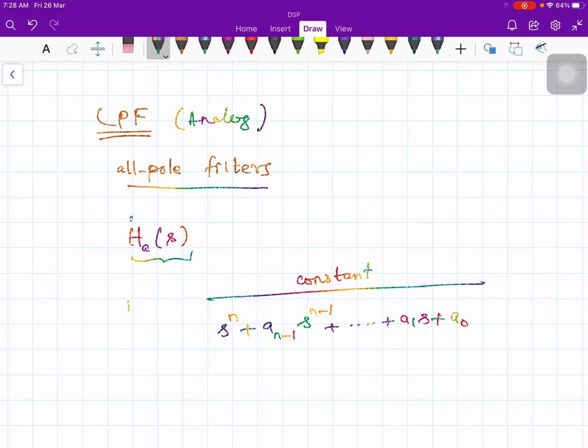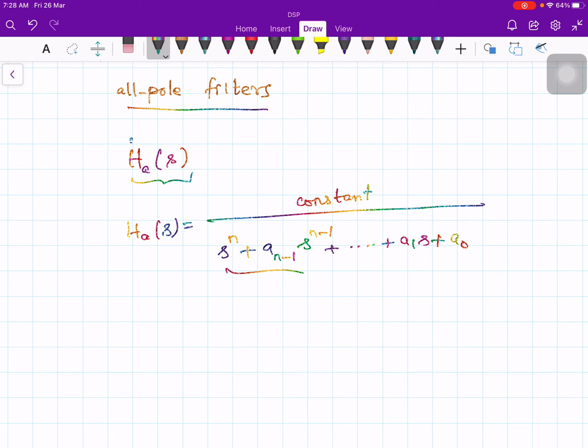So this is the general form of all pole filters. Because if you solve this, you'll get the poles, and in the numerator you don't have any factors.